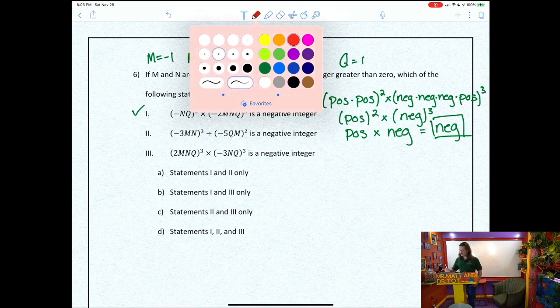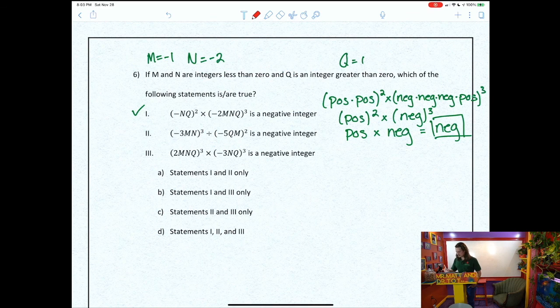Statement 2, we have negative 3, which is negative, times m, which is negative, times n, which is negative, quantity cubed, divided by negative 5, which is negative, times q, which is positive, times m, which is negative, quantity squared. A negative times a negative times a negative is negative.